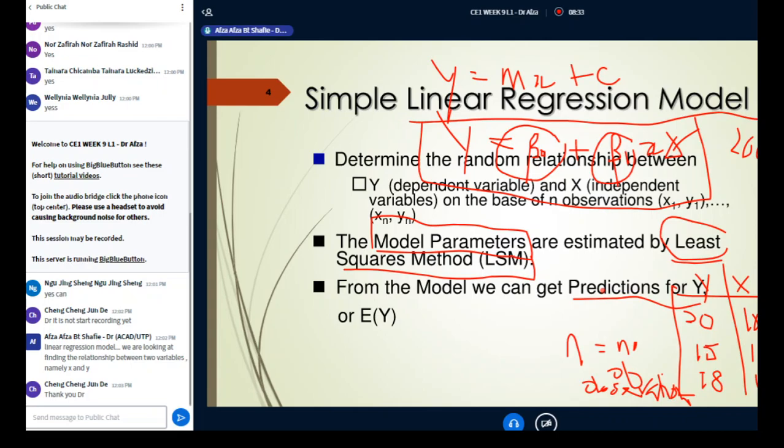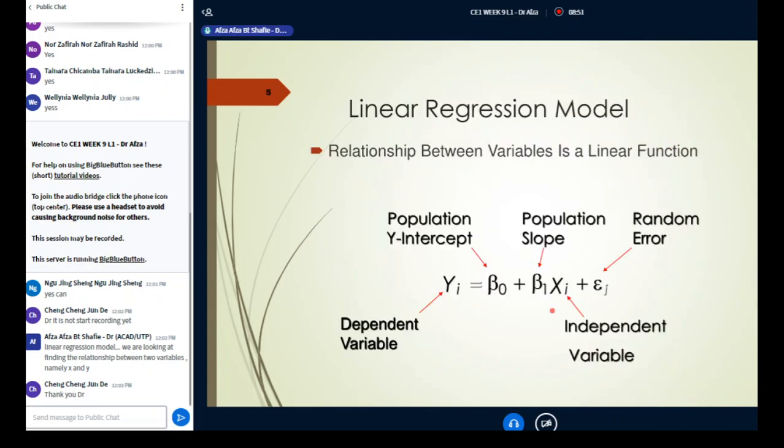And how do we get this equation? We are going to use the least square method. So what is the relationship? This is the relationship. We know that this is the dependent variable, the yi that we take here. Then this is your beta naught, which is the intercept, and this is the gradient or the slope. And x here is called the independent variable, and here is what we call an error.